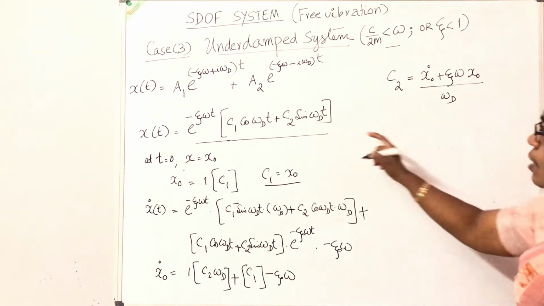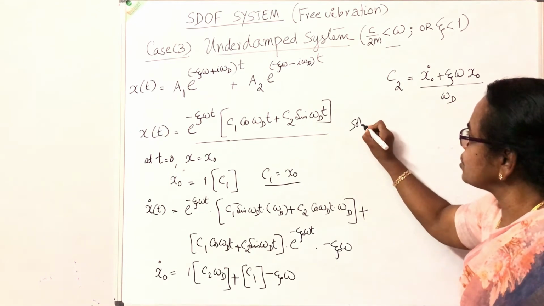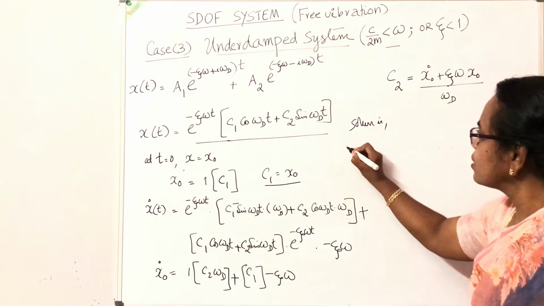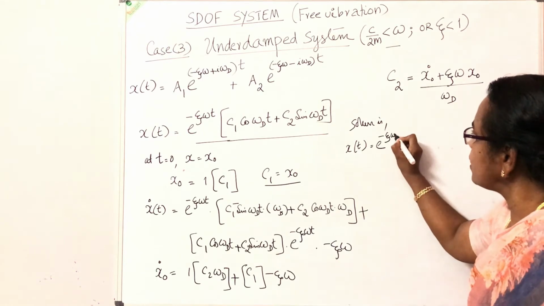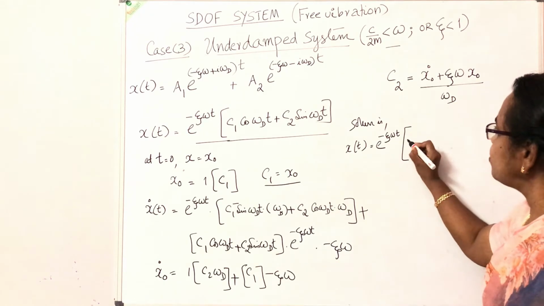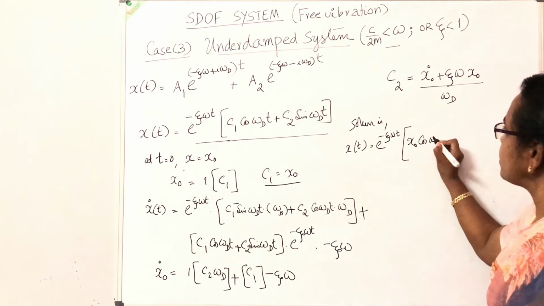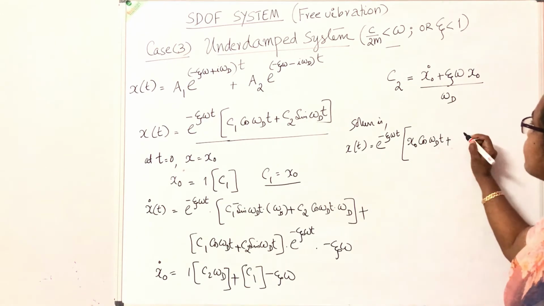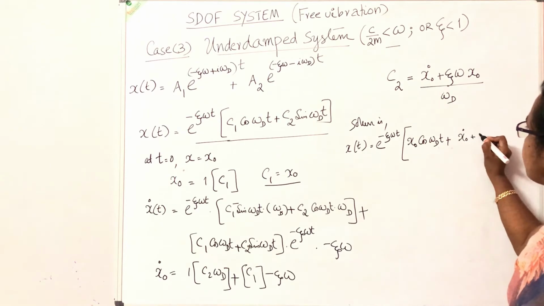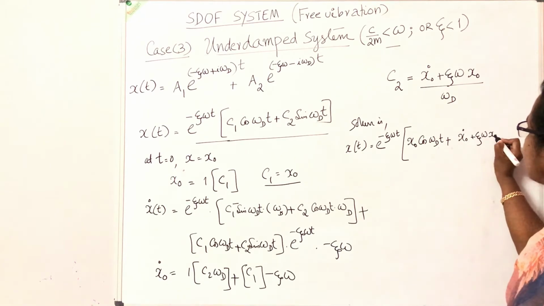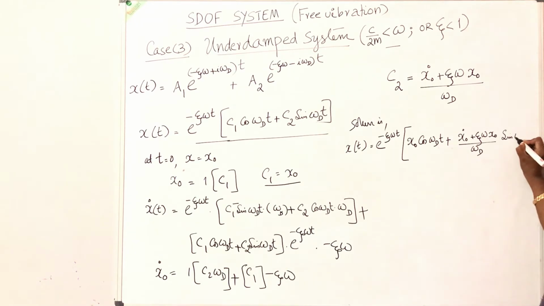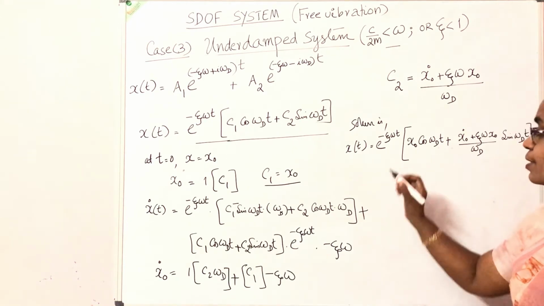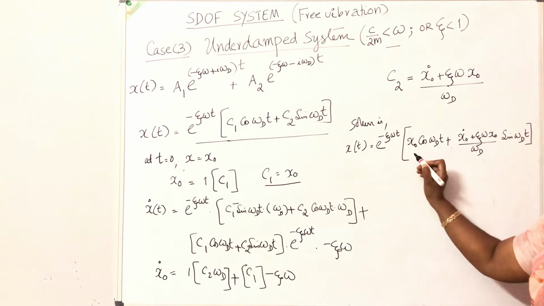Now the final solution is x is equal to e raised to minus ξωt into [x0 cos ωdt plus ((x0 dash plus ξω x0) divided by ωd) into sin ωdt].